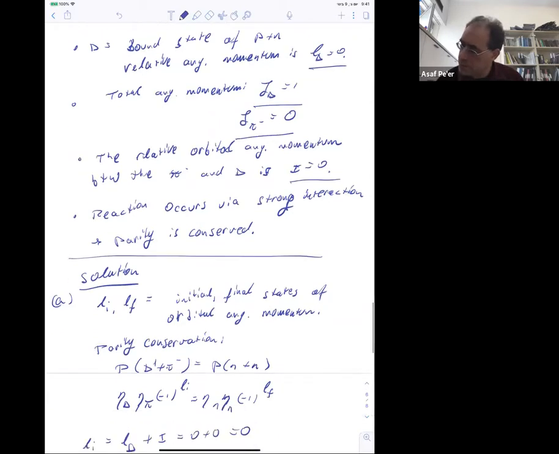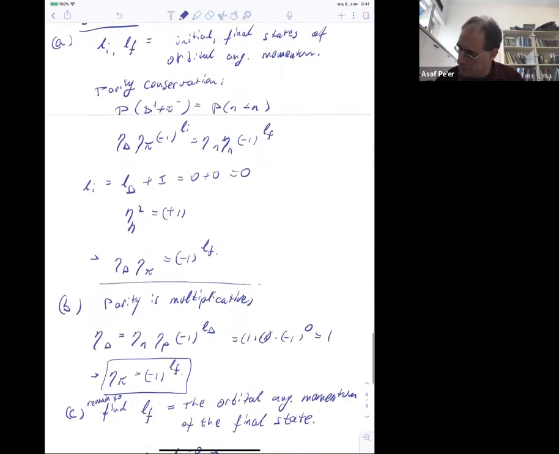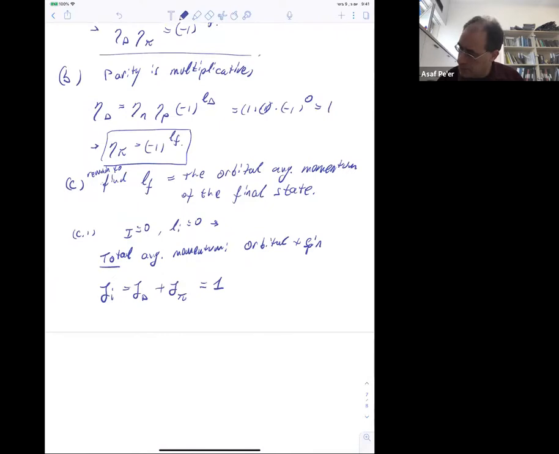So that's fine. I didn't need to say that. J_D plus J pion is 1. And so conservation of angular momentum says that J final is also 1.